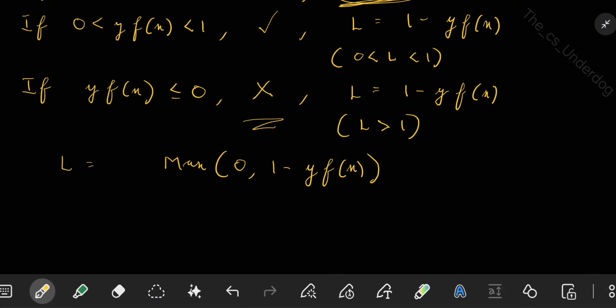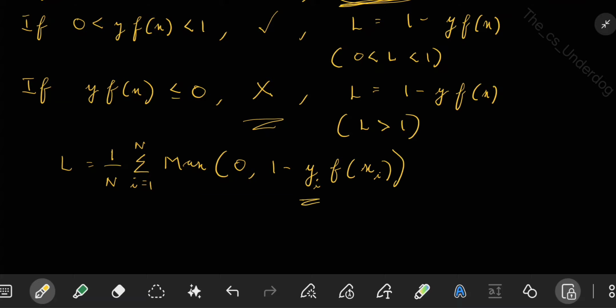One more thing is, you will not have just a single example. Instead, you may have n different examples and you want to find the average loss. This is how you generally use it. So how do you take the average of this? You will do 1 by n into sigma i is equal to 1 to n, max of 0 or 1 minus, instead of y into f of x, for each example it will be yi into f of xi.